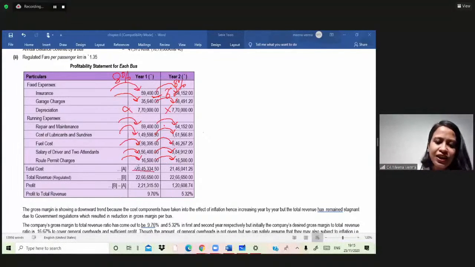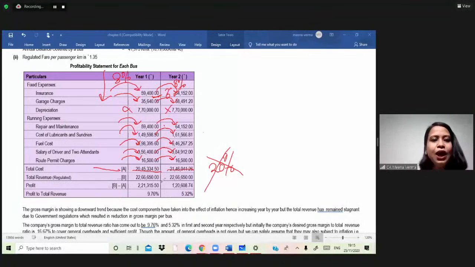So in this way, we will get the total cost, as we have calculated under the present situation. But we will not apply the 20% markup in the next 2 years. Why? Because it is given that the revenue is regulated by the government, so it will not increase. Revenue will remain the same.